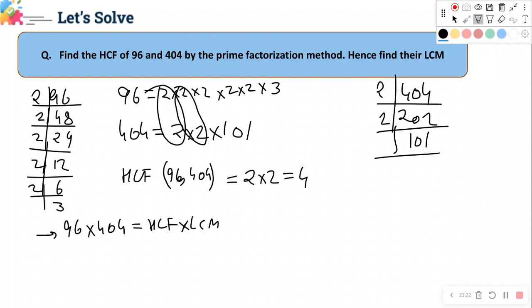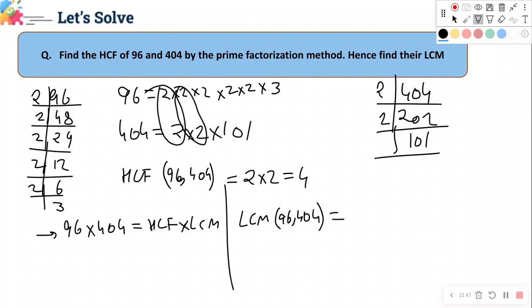Is that true? 100% true. Okay, so we have 96 and 404, HCF is also there. Can we find LCM with this? So yes, applying this we can say that LCM of 96 and 404. No one can deduct your marks for this. Okay, if you do the normal method also, then also you'll get marks. If you do this also, you will get marks. Okay, this is easier to do.